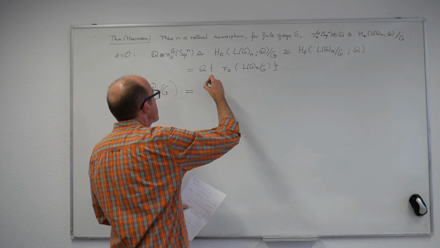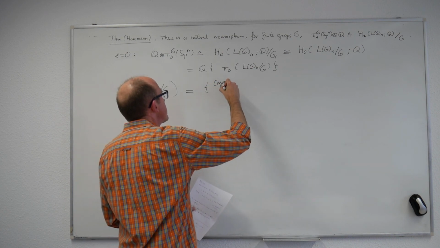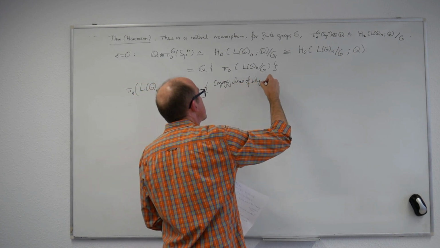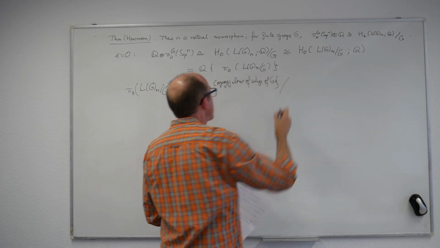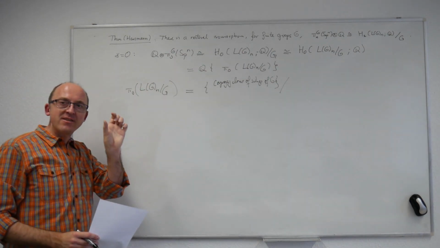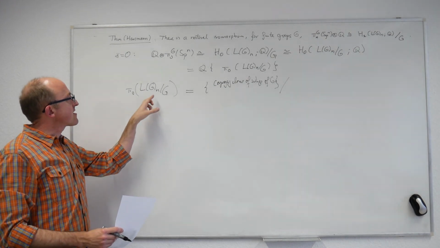So this is conjugacy classes of subgroups of G, modulo relations coming from 1 simplices, and 1 simplices were exactly pairs of nested subgroups whose index is at most n.